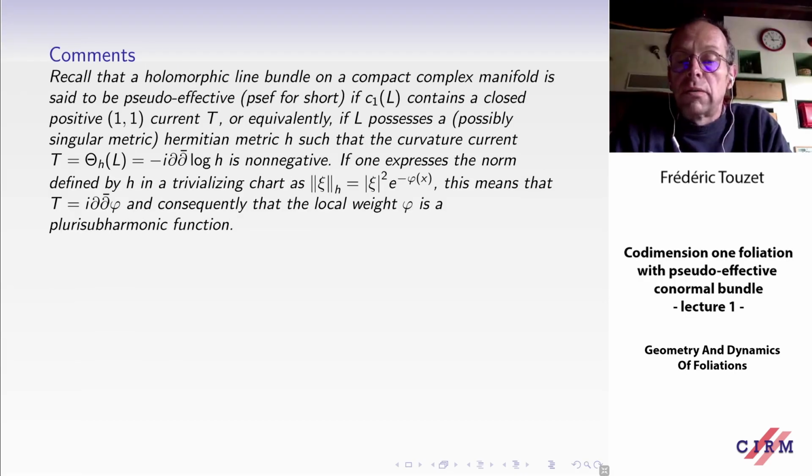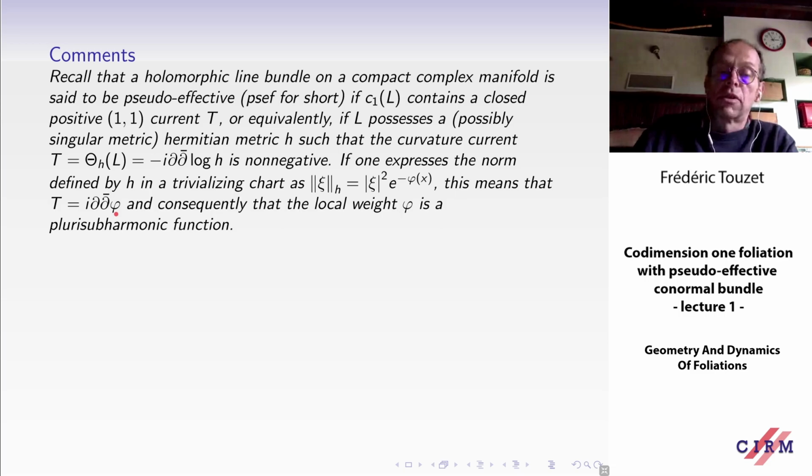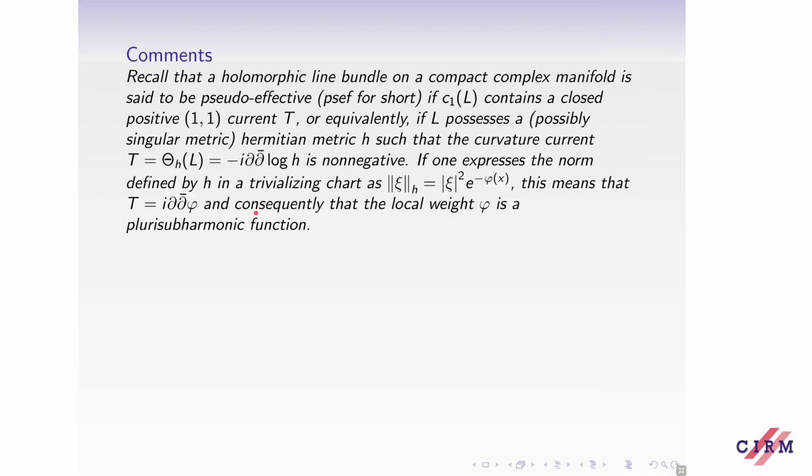So, in other words, this means that this curvature current admits a local potential phi here, which is only locally defined plurisubharmonic functions, which is called the local weight of the metric.